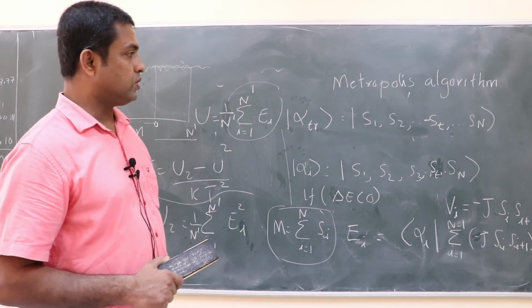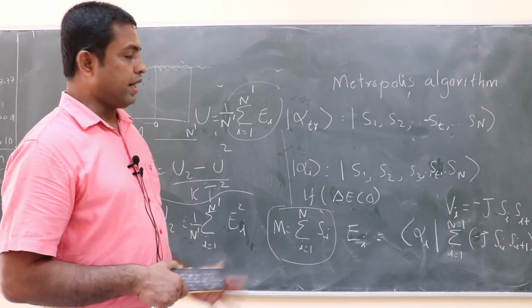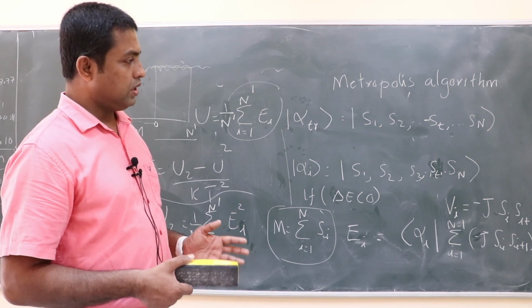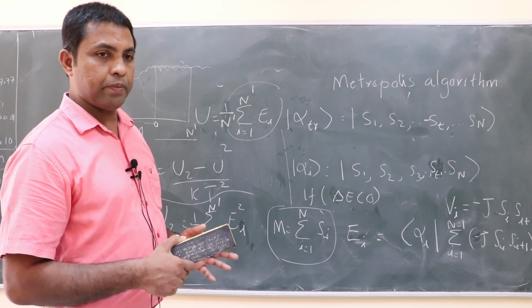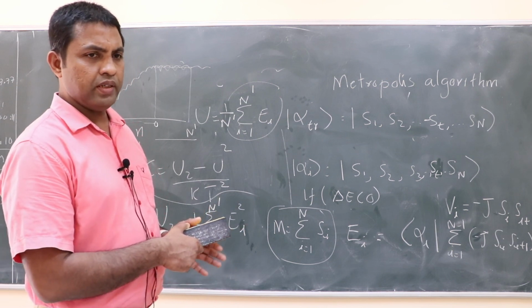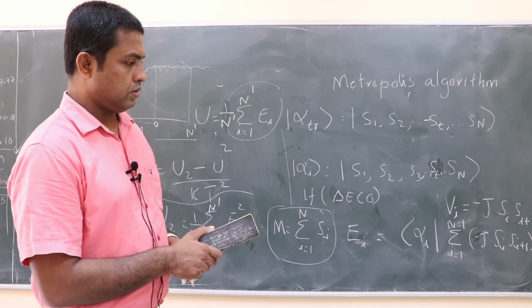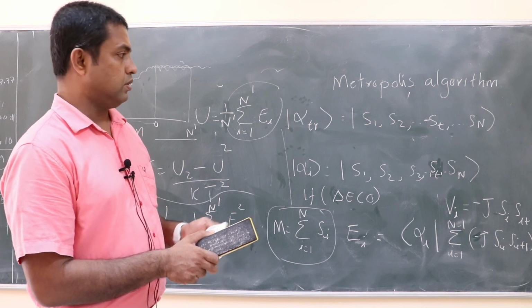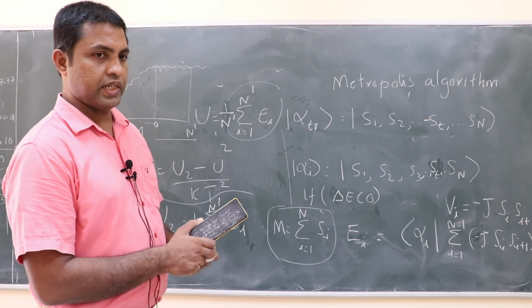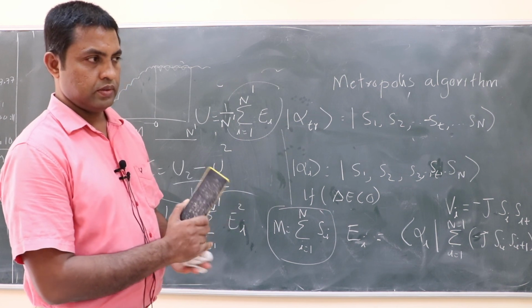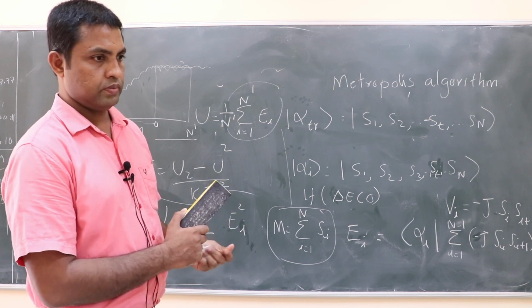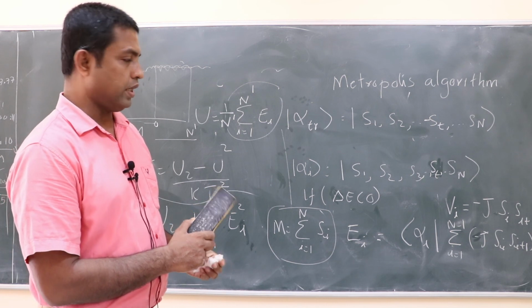You know that at temperature 0, if J is ferromagnetic, all the spins will be aligned. So what will be the magnetization at that point? N into 1 by 2.